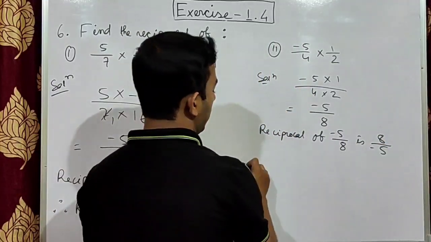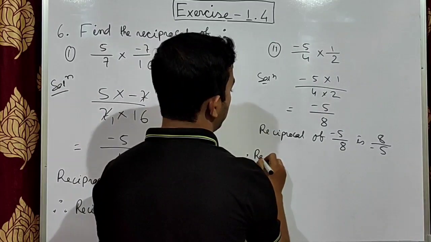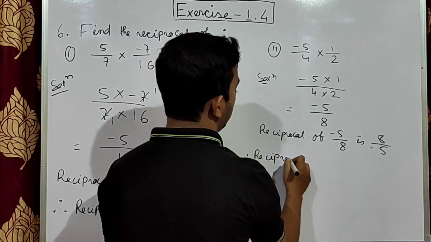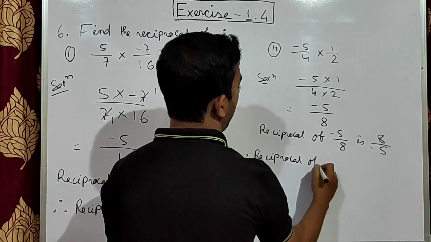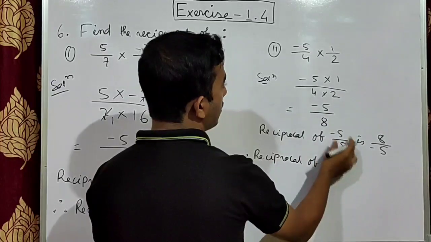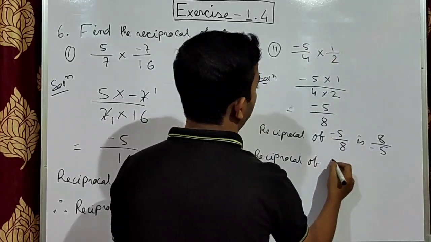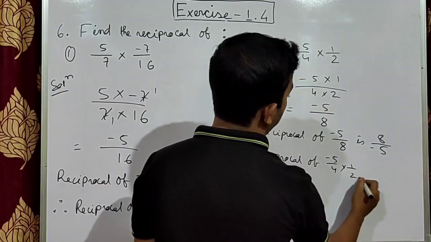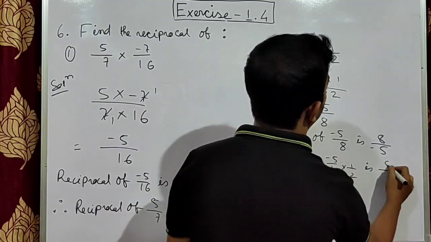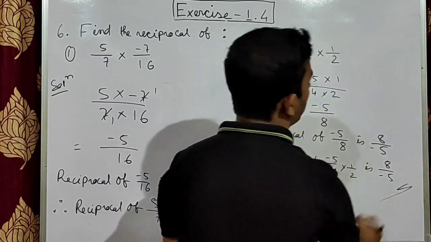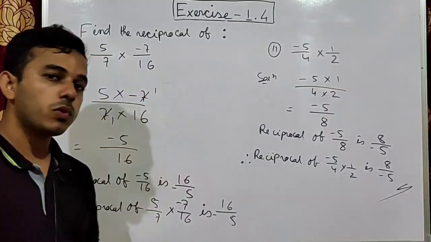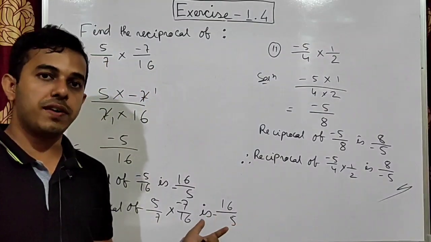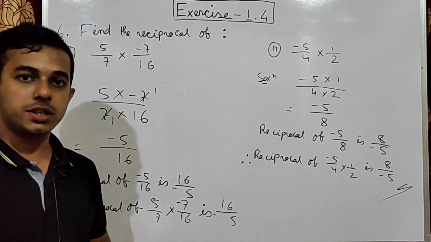So now therefore reciprocal of the value of this is what? This part, right? Reciprocal of minus 5 by 4 into 1 by 2 is 8 by minus 5. I hope this is clear to you how to find the reciprocal when we have two fractions.